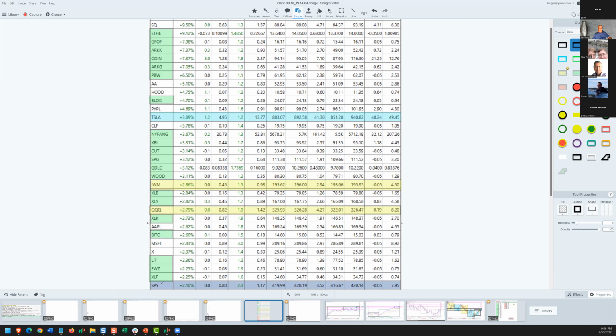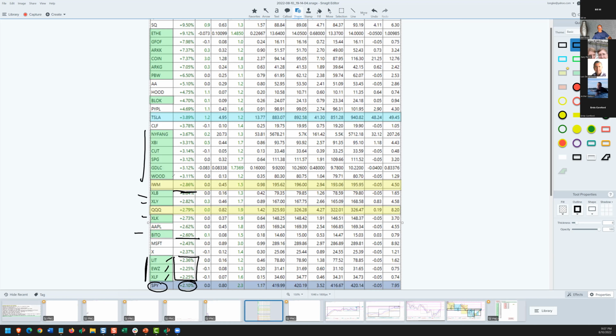So again, you've got the S&P here at plus 2.1. The first set of sectors, finance, Brazil, and lithium, 2.3. Bitcoin, tech, consumer discretionary, and materials, up to 2.8.